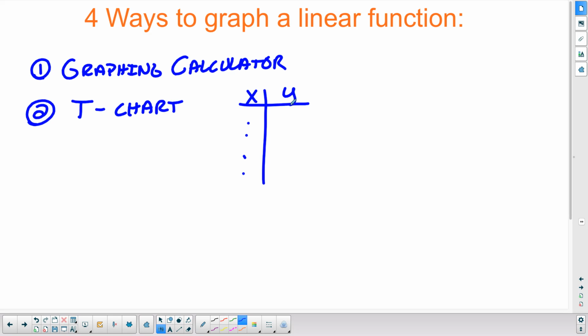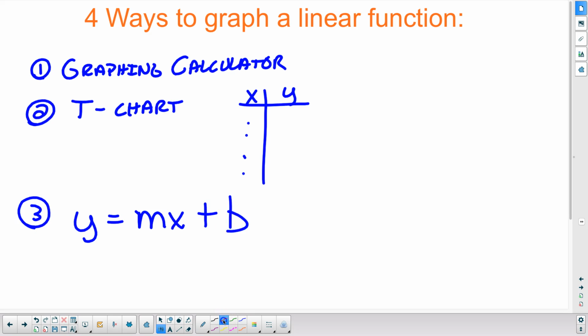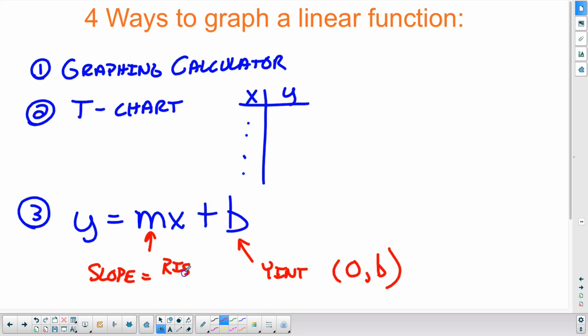Even easier than that is if you solve for y and put it in y equals mx plus b form, then this b is my y-intercept, which is the point 0, comma b. And my slope here is m, and slope is rise over run. So we take that slope and we rise it and we run it and we plot other points.